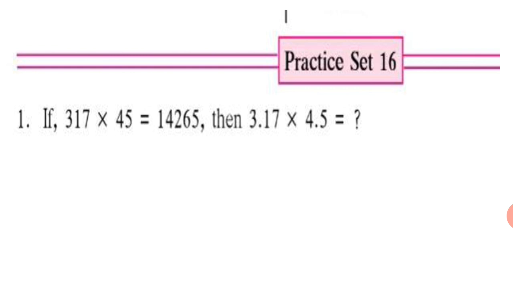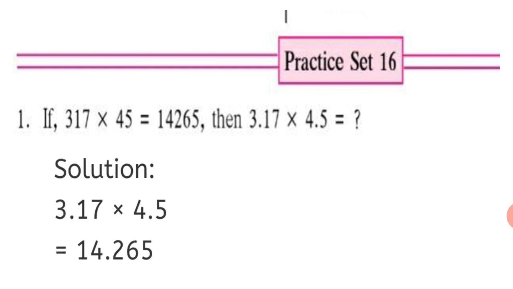So in the answer 14265 we are going to count 3 places or digits from the right and put the decimal point. So 5, 6, 2, and before 2 we will put the decimal point. So your answer will be 14.265.